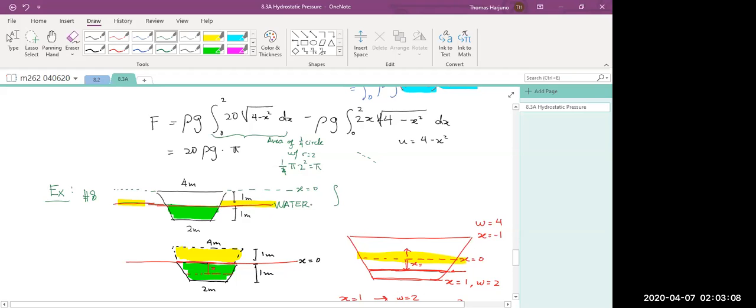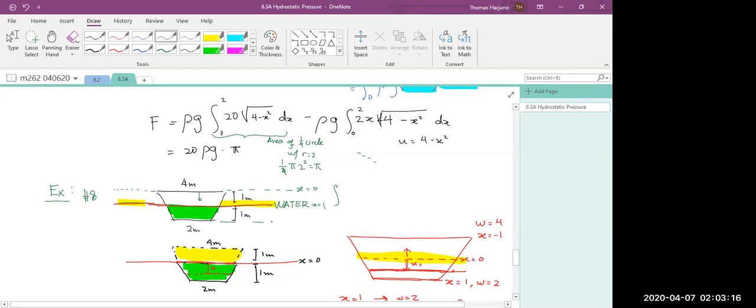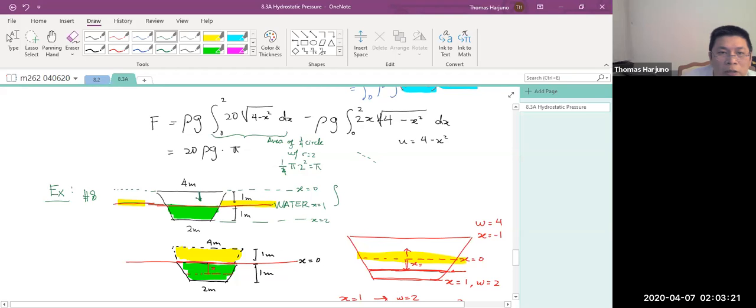Minus 2 to minus 1? Of course, the depth will go that way, right? Okay, it will be from 1 to 2, if you go in this direction. So 1 to 2, rho g, my depth will be x minus 1, because if this is my x, my depth is only x minus 1.